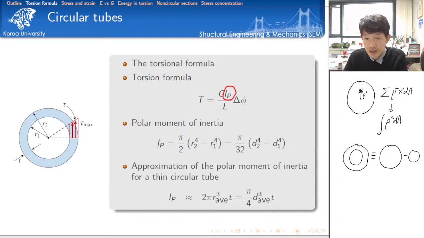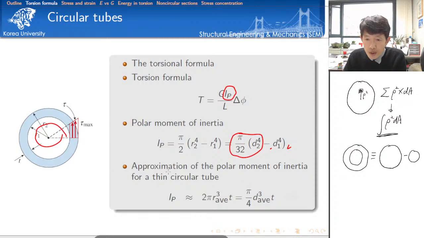This is the polar moment of inertia for the solid section, and because of the nature of this integration, we need to subtract the polar moment of inertia of the smaller section. That's why we have this formula.